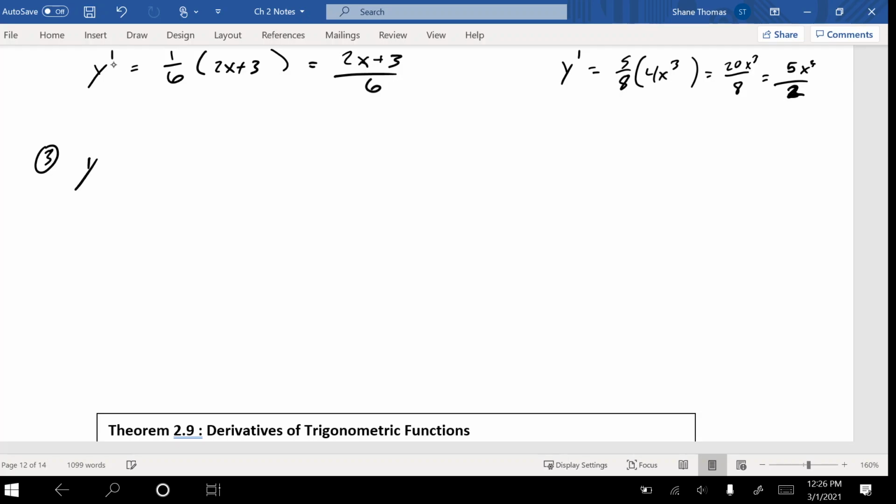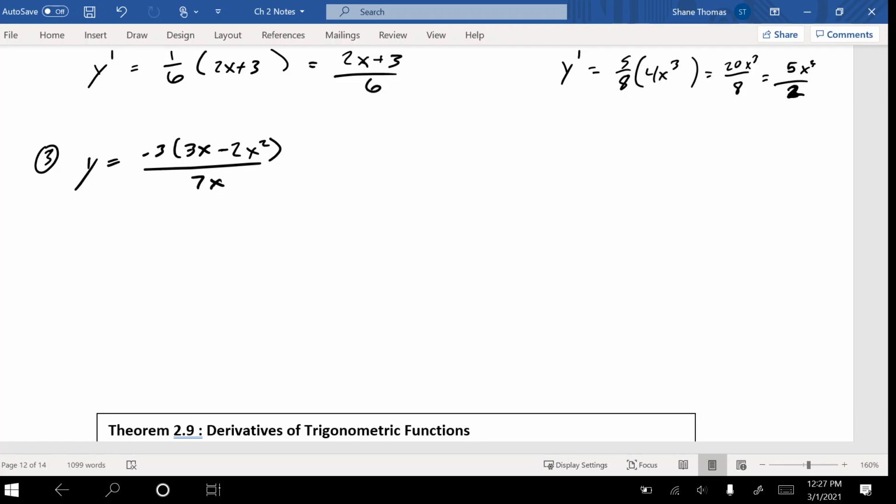So y equals negative 3 times 3x minus 2x squared over 7x. This one's a little bit tricky because it looks like it should be a quotient rule, right? It looks like you should probably multiply the top through and then apply the quotient rule.